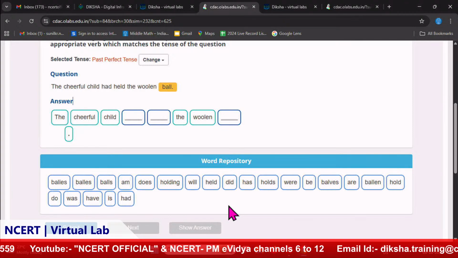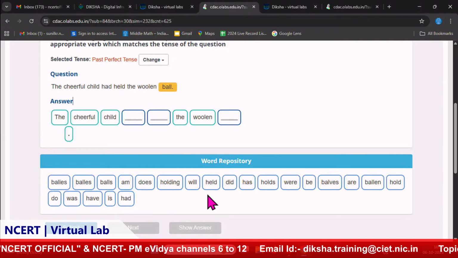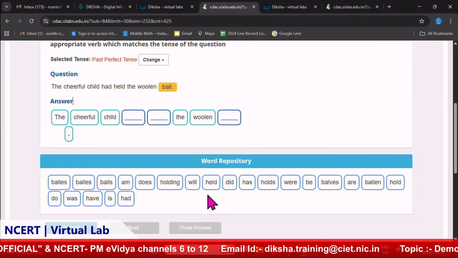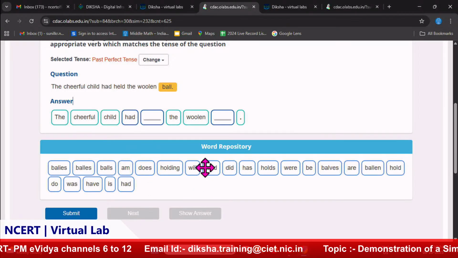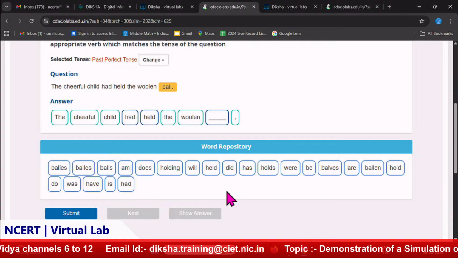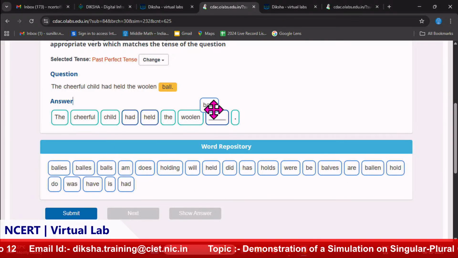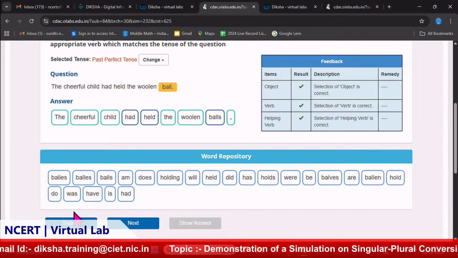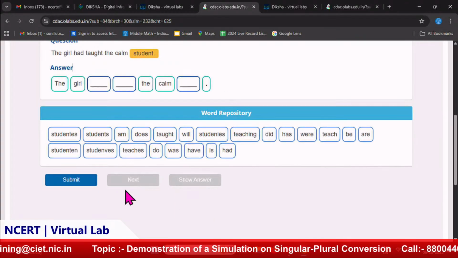No, the plural of ball. Oh, the plural balls. Okay. It's a little confusing because you have to change the tense also. Because that's the whole point, that we have to understand the subject-verb agreement along with the plural. So, this should be balls along with the plural. Okay. So, this is correct. Okay, very good.